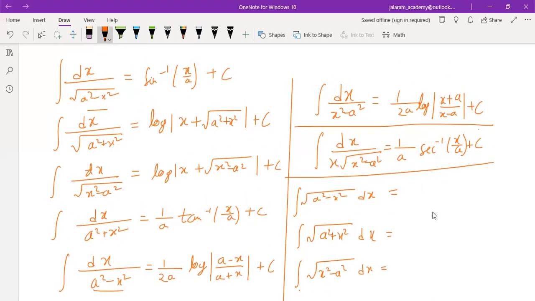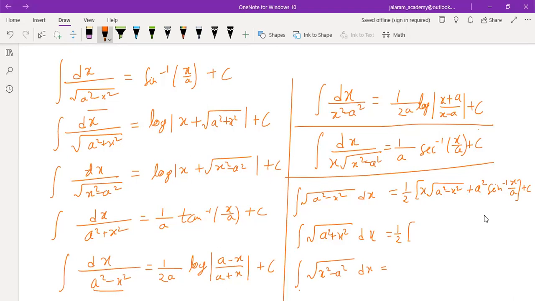Yes, sir. 1 upon 2 x into root a square minus x square plus a square sec inverse x upon a plus c. Actually, it is sine inverse, not sec inverse. Okay. Sir, I have written wrong.